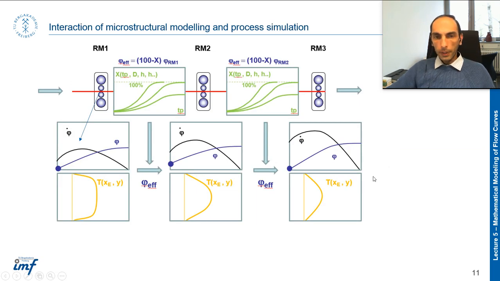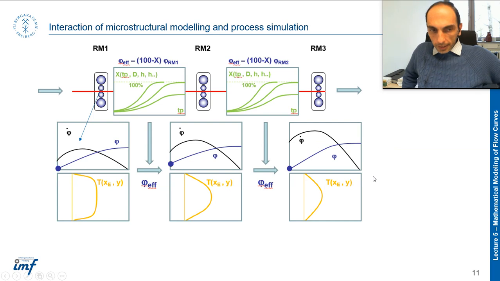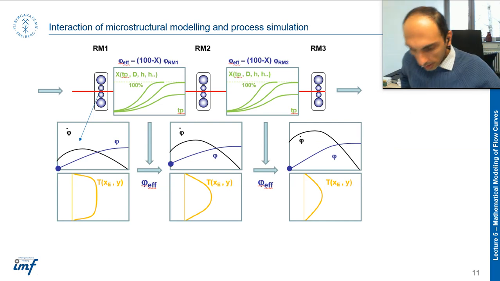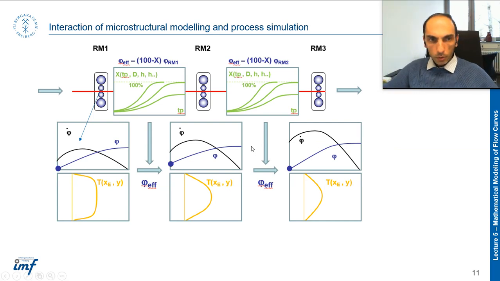Okay. If you want to investigate the effects in a process, for example, a rolling process, here you can see the effects of dynamic recrystallization. At high temperature, during the rolling, you will have some dynamic recrystallization, and after rolling, some static recrystallization happens between the rolling stages.